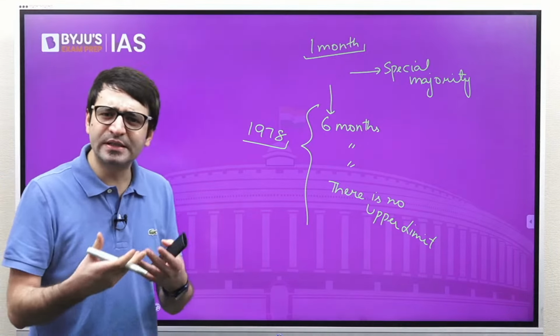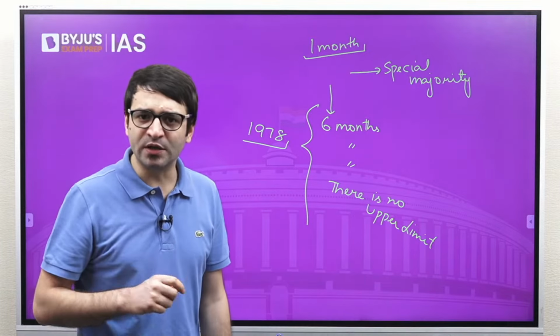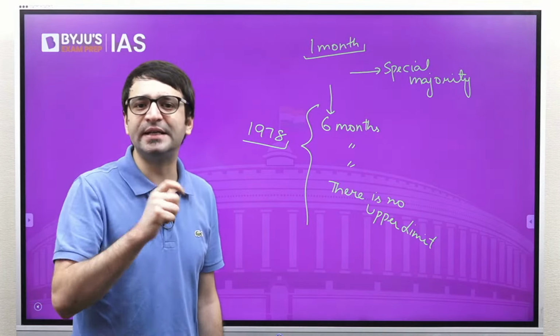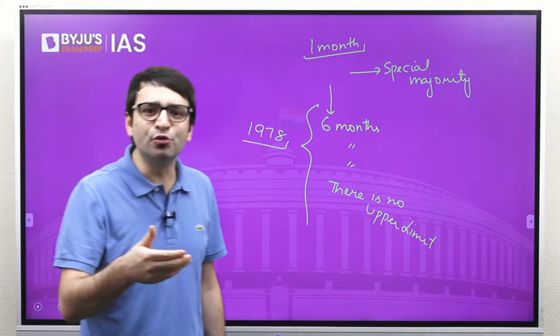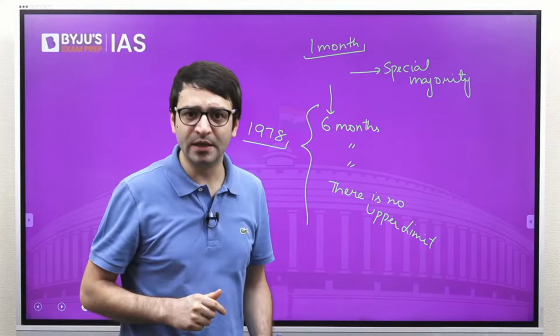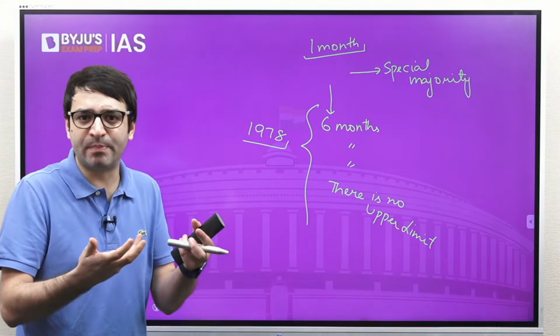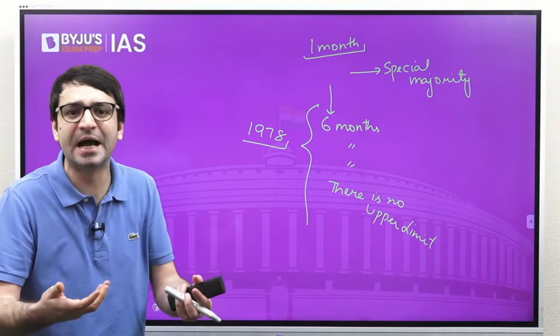This is where questions have been framed by the UPSC. For example, the question framed was, which of the following directive principles were introduced into the Constitution because of the 42nd Amendment or 39th Amendment? So you have to be clear as to which changes were made by different constitutional amendment acts.